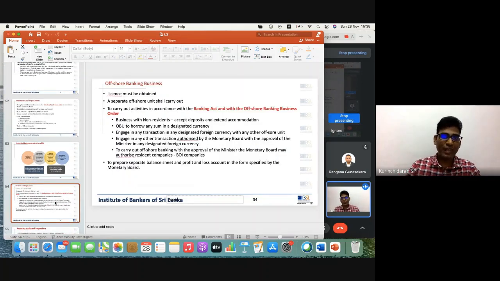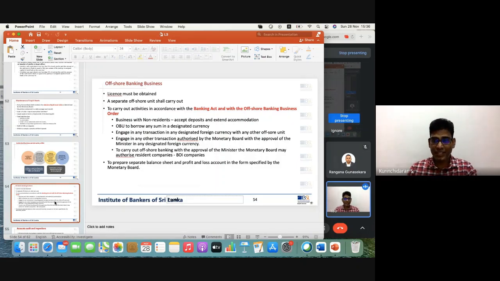And then offshore banking businesses. You can see these are two licenses. For the DBU, you have to get a separate license, and if you are going to have an OBU, offshore banking unit, you have to have a separate license as well. The activities you can carry out are listed in the license. Basically, business with non-residents. You can borrow in foreign currency.